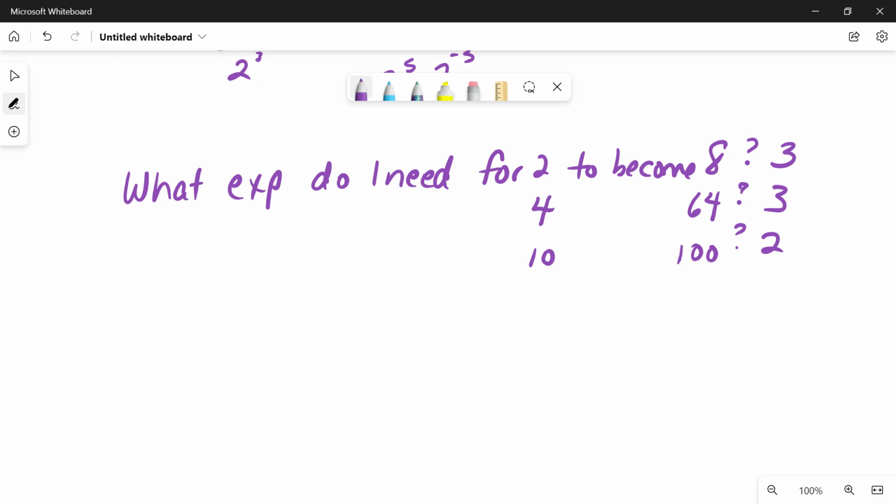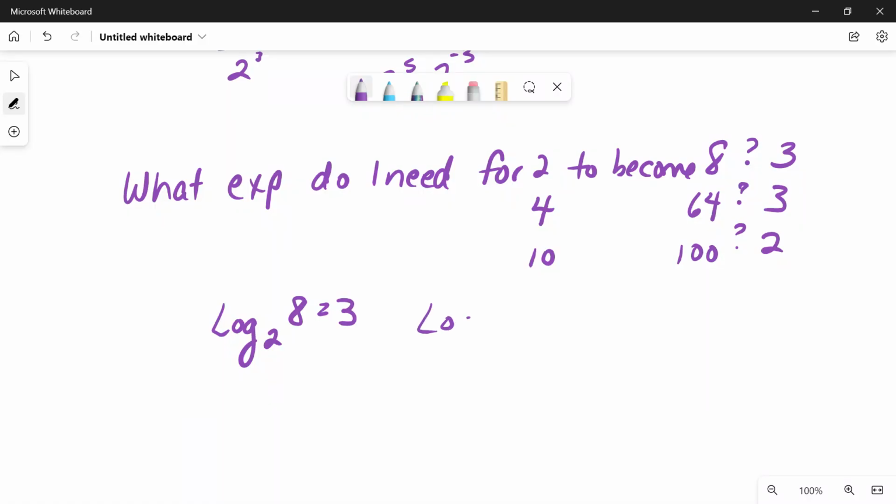As we look at this idea of logarithms, we're going to look at these questions I've asked. The first one we would write as log base 2 of 8 equals 3. This is saying log base 2 of 8, what does that equal? It equals 3, meaning what power does 2 need to be raised to in order to equal 8?